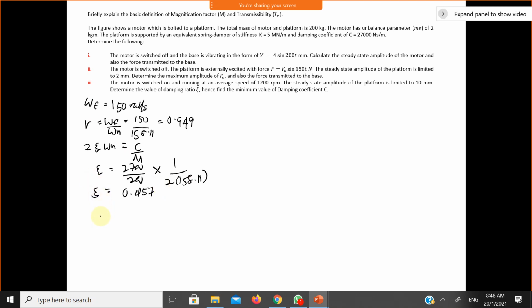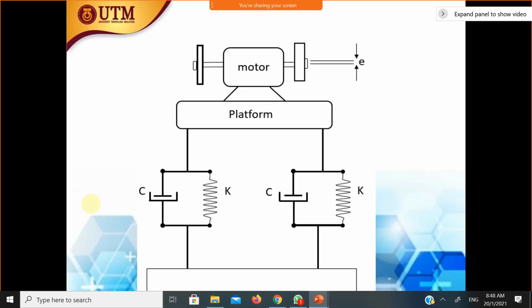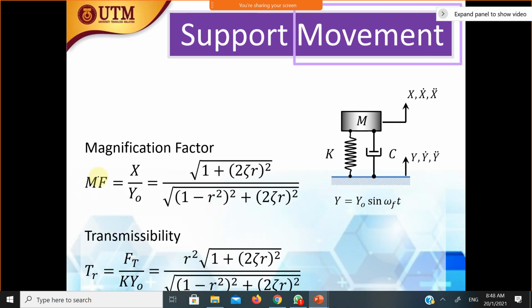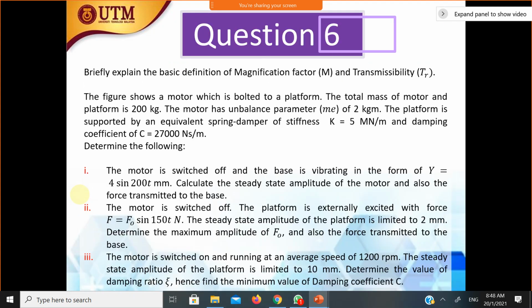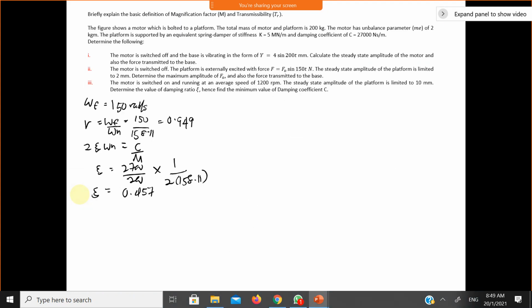So formulanya apa? Panjang lah formula dia. Okay, this one. So X over F naught over K. So X over F naught, X dah ada kan? X adalah 2 mm.